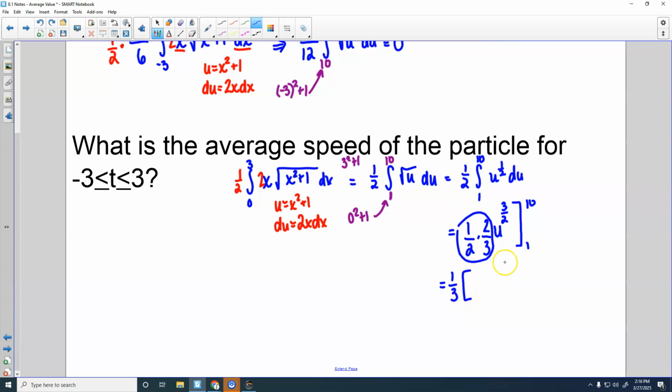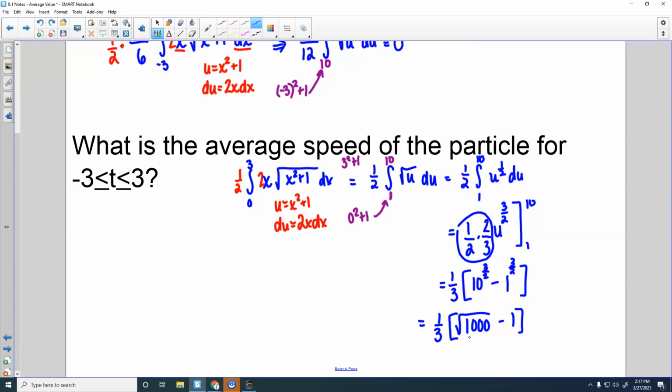And then I need to multiply that by 10 to the 3/2 minus 1 to the 3/2, which will be the square root of 10 cubed, which is 1,000, minus 1. And past here, they'd about have to leave it like this, because the square root of 1,000 is not a whole number.